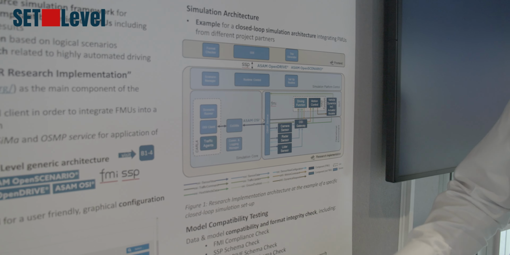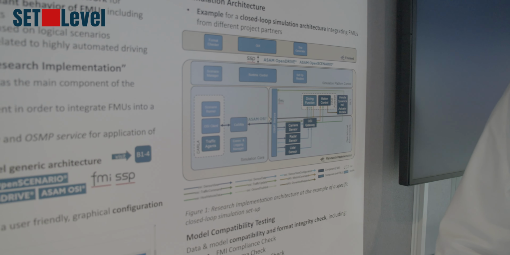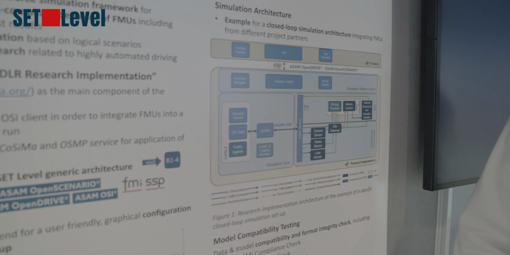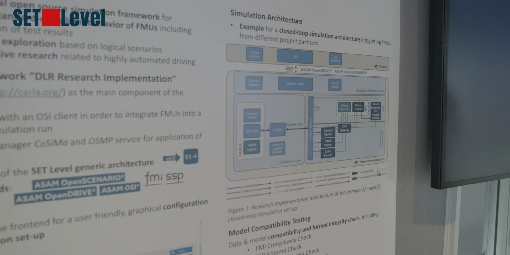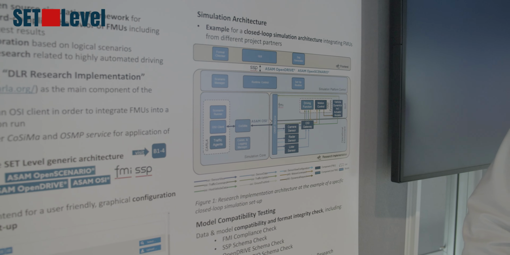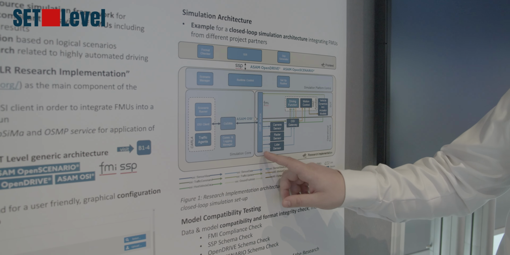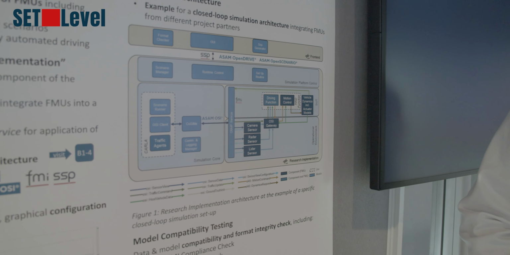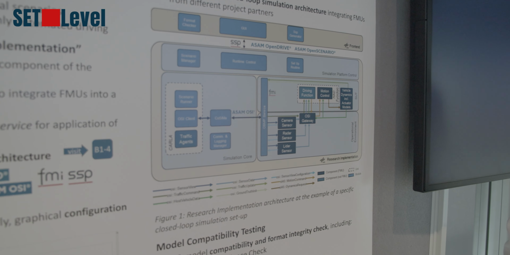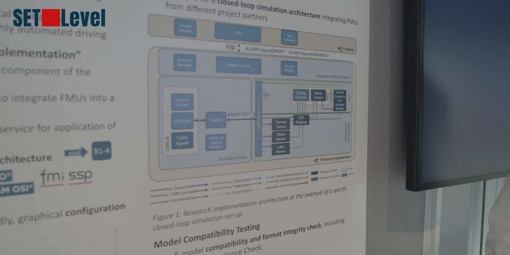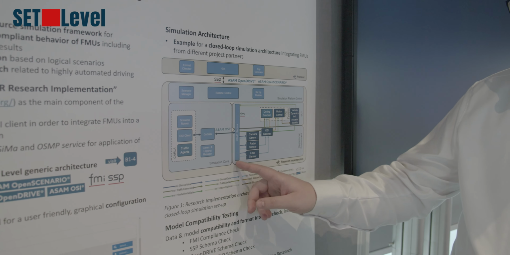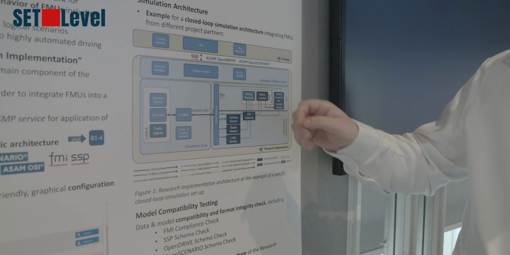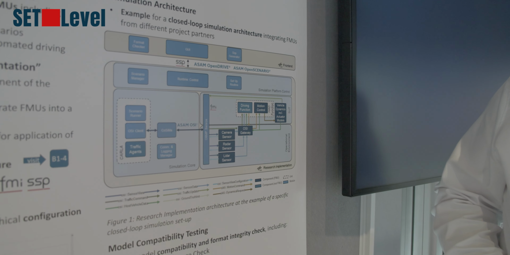Secondly, we created the Cosima, which is a bridging solution and can extend the simulation. As a third part, we created the OSMP service, which is a wrapper for OSMP. OSMP is a combination of the two standards FMI and OSI. With this OSMP service, we can load many FMUs into our simulation.